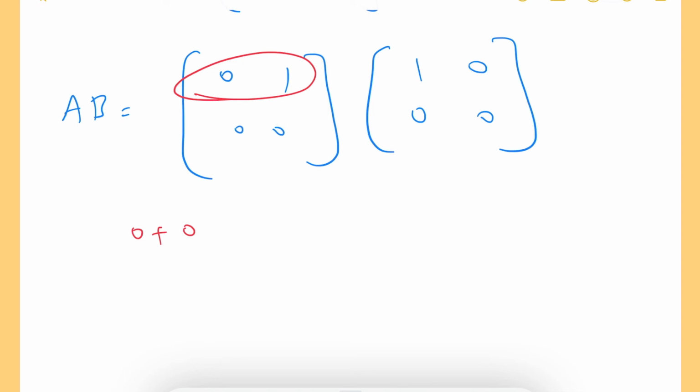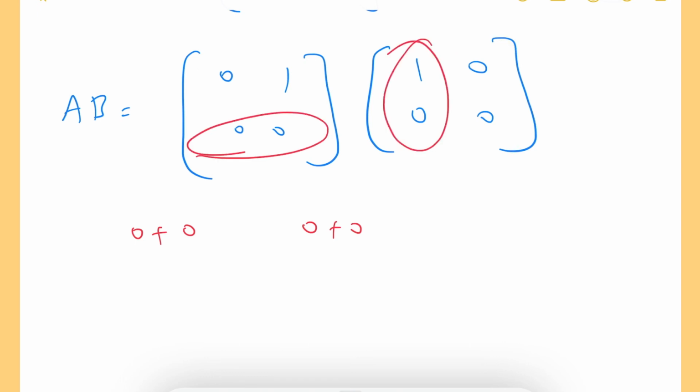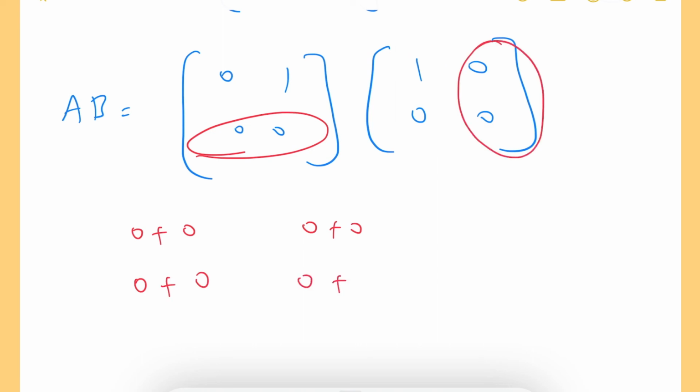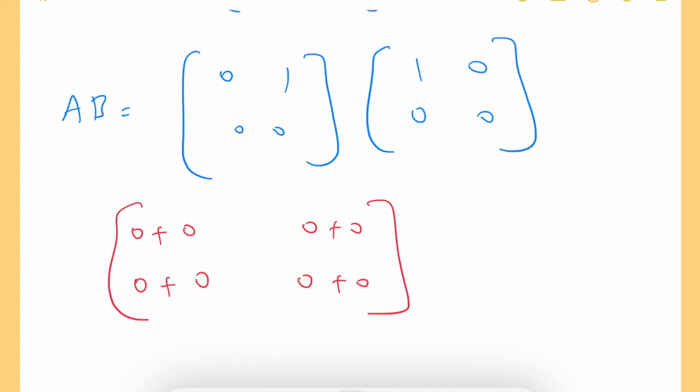Next the same with the second column: 0 into 0, 0 plus 1 into 0, 0. Now the first row is completed, then let's move to the second row. Second row into first column: 0 into 1, 0 plus 0 into 0, 0. Now the same with the second column: 0 into 0, 0 plus 0 into 0, 0. So if we simplify this, we will get the final answer as 0, 0, 0, 0.